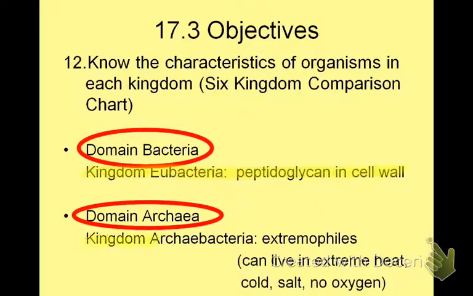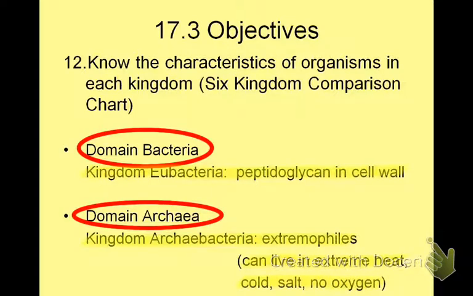And then, as I said before, kingdom Archaebacteria has the crazy bacteria that live in weird situations, or what we would consider weird. So they can live in all of these types of conditions: extreme heat, extreme cold, extreme salt, high salt content, or no oxygen.